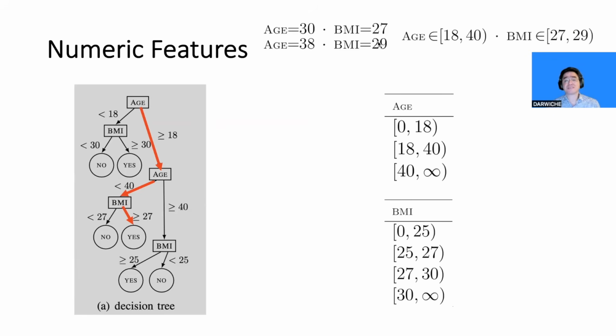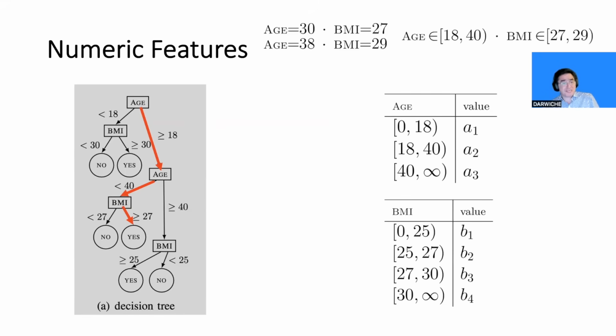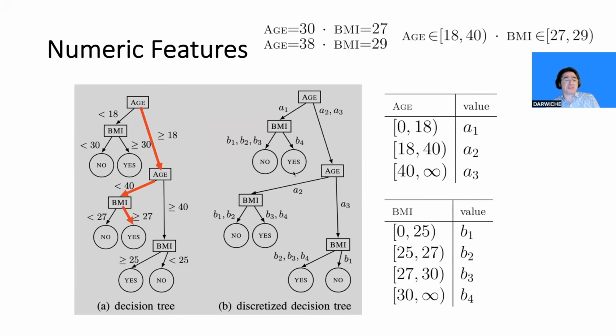So both of these instances belong to the same equivalence class, where age belongs to this interval and BMI belongs to that particular interval. As such, we can treat these variables as actually discrete and give them these labels that correspond to the intervals, and we can view this classifier as the symbolic one, all right?